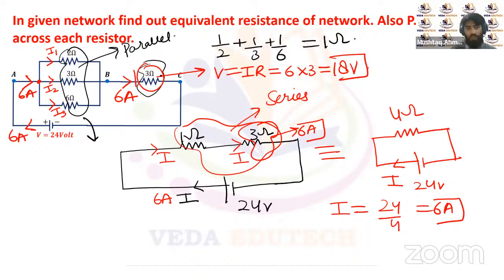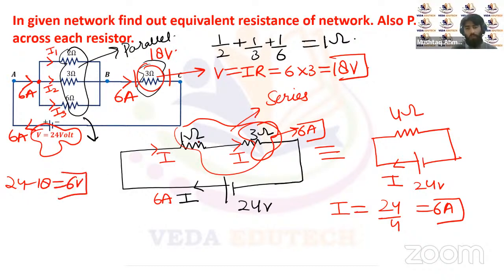So the potential difference across this 3 ohm resistor will be equal to 18 volts, right? And the total potential supplied by the battery is equal to 24 volts. From this 24-volt battery, 18 volts is across the 3 ohm resistor. Then we're left with 24 minus 18, that is 6 volts.